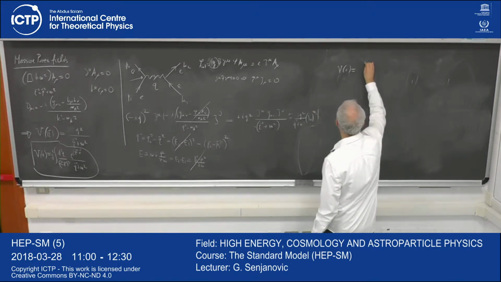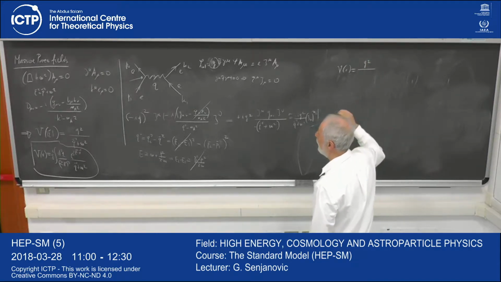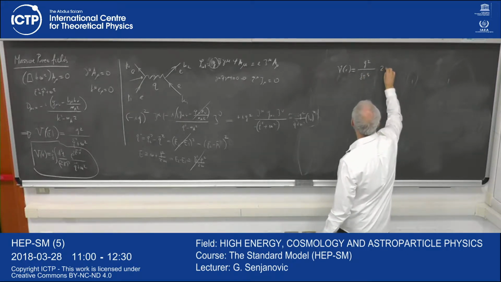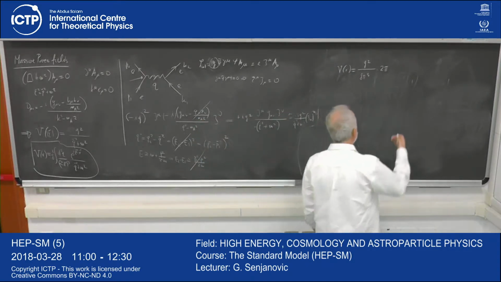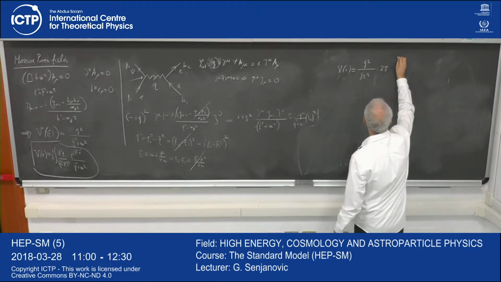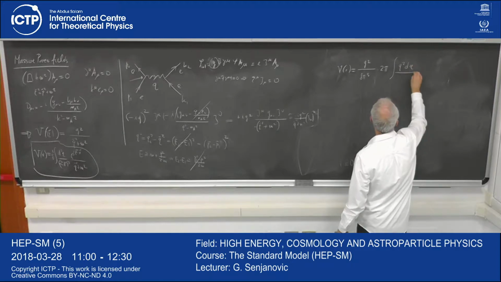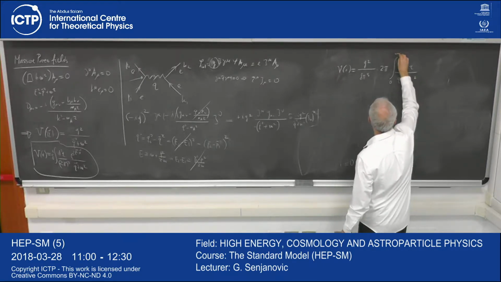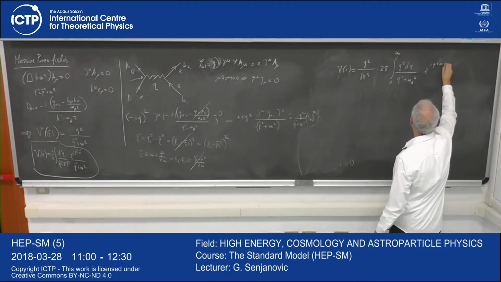what is it? g squared over 2 pi cubed, 8 pi cubed, times 2 pi from the integration over phi, and then I will have here q squared dq over q squared plus m squared, from 0 to infinity, e to the i q r cosine theta.